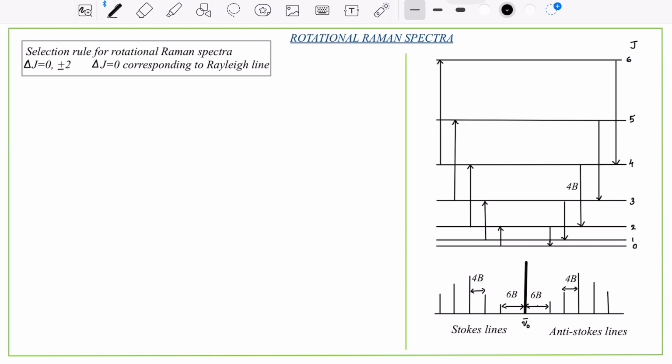The next topic is rotational Raman spectra.